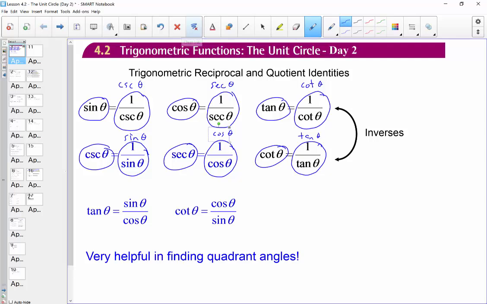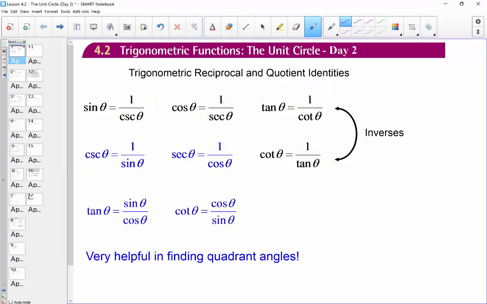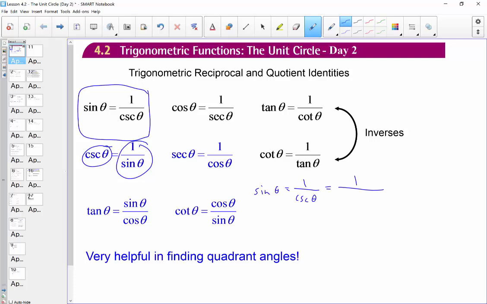Let's look at why the first row of functions works mathematically. We'll look at the first one, sine of theta equals 1 over the cosecant of theta. If we were to write out sine of theta equals 1 over the cosecant of theta, and since we know that the cosecant of theta equals 1 over the sine of theta, we can rewrite that in the denominator here.